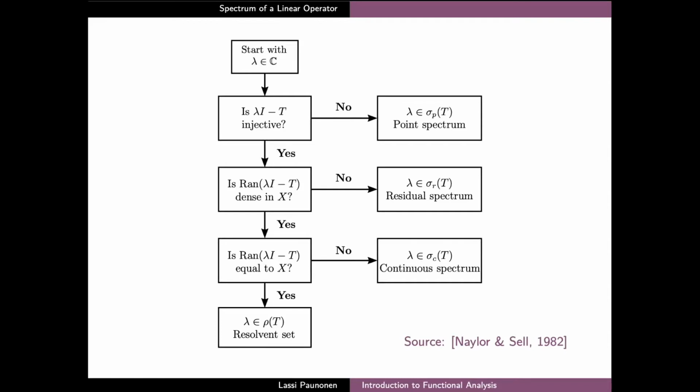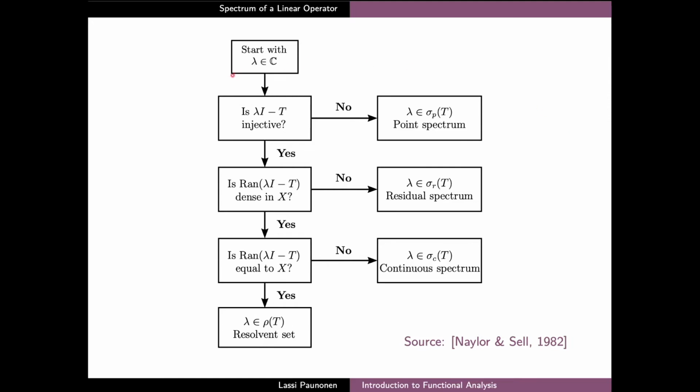And even though the definitions of the parts of the spectrum may seem complicated, finding out if a given complex number lambda belongs to one of these sets or the resolvent set can be done in quite a systematic manner, following this convenient diagram from the book by Naylor and Sell.